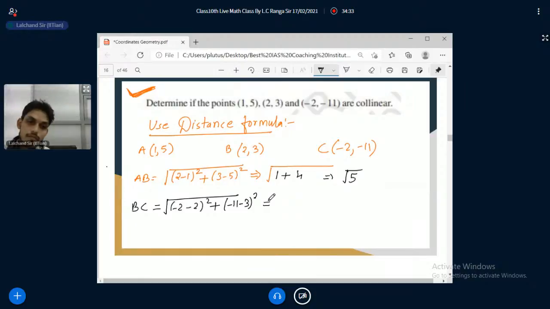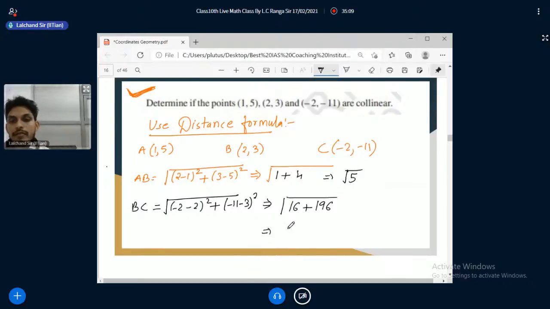If we simplify this, then we have 16, and 14 square is 196. If we add these two terms, we get 212, isn't it?